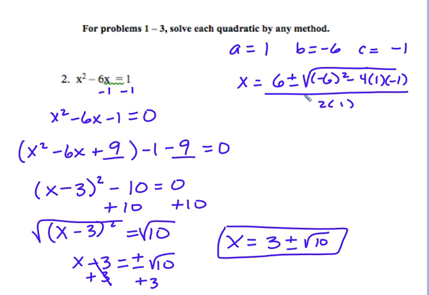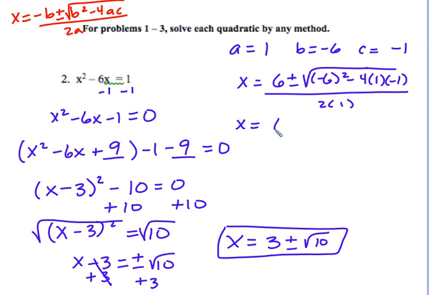Now, if you forgot that formula, you just have to remember, I'll just write it up here. It's x equals the opposite of b plus or minus the square root of b squared minus 4ac all over 2a.